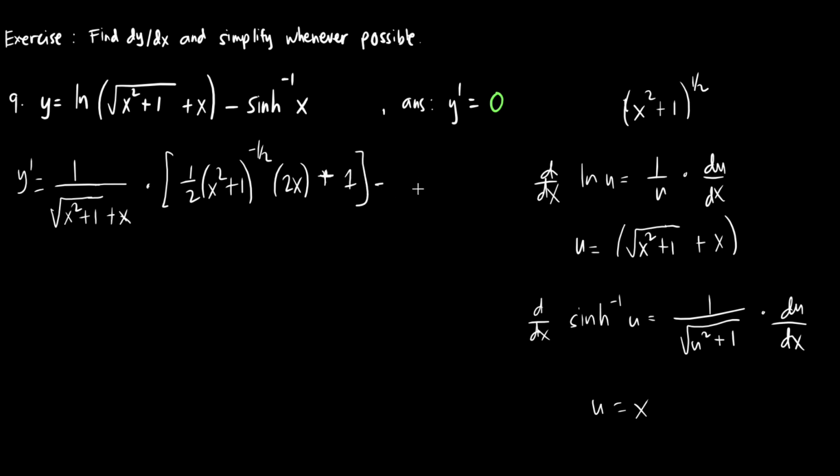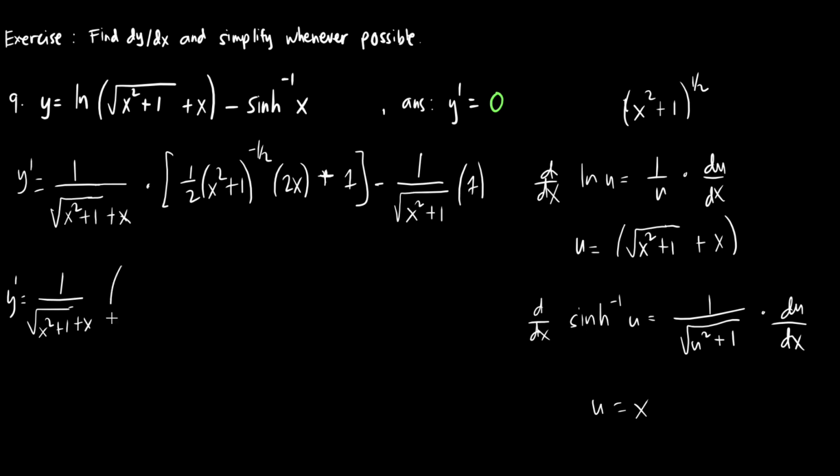So minus the derivative of hyperbolic arcsine of x, which is equal to 1 all over the square root of u squared, so the square root of x squared plus 1, and the derivative of x is just equal to 1. So we have y prime is equal to, just copy, x squared plus 1 plus x.